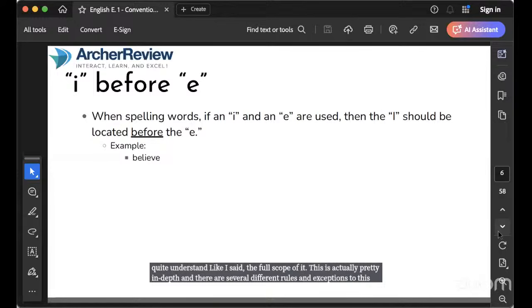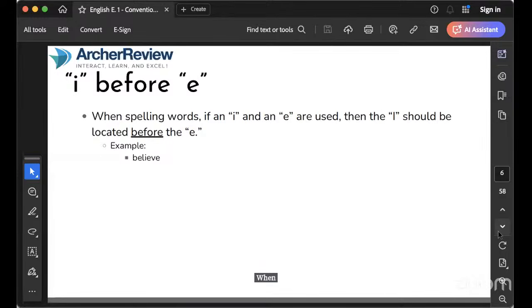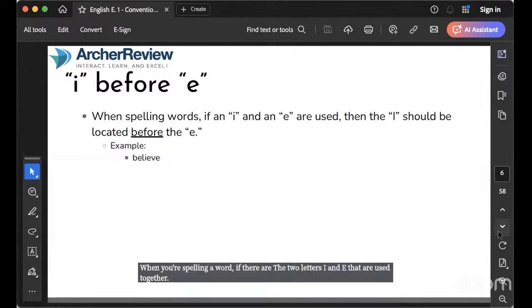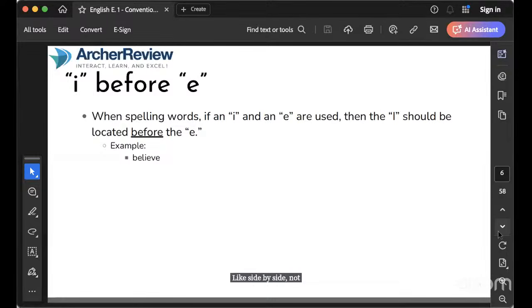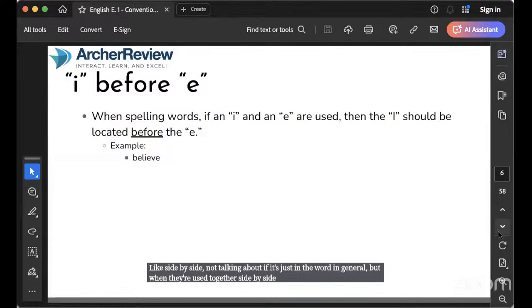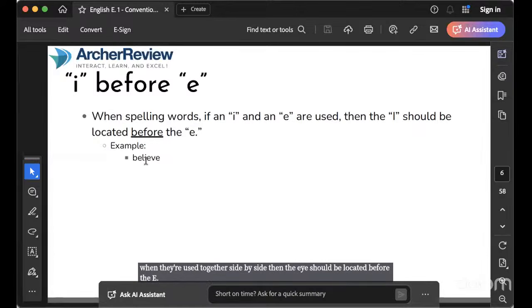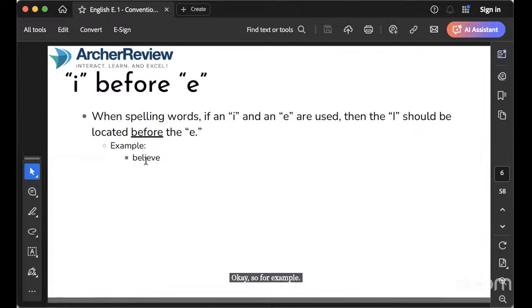So, the general rule with the I before E is just that: I before E. When you're spelling a word, if the two letters I and E are used together, side by side, not just in the word in general, then the I should be located before the E. For example, with the word believe, you'll notice there's an E up here and an E back here, but we're not worried about those.